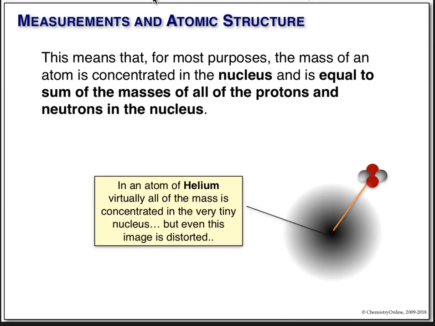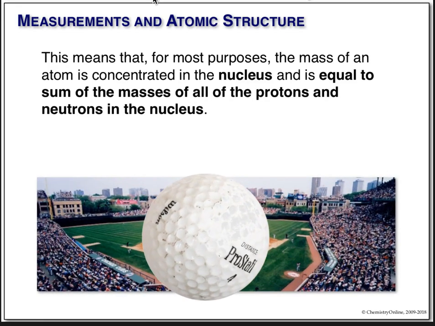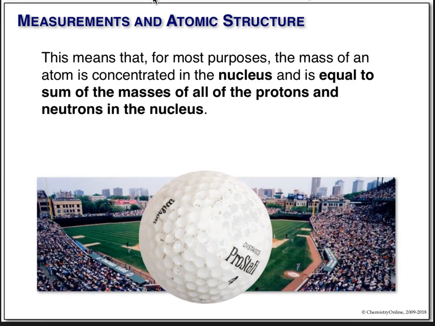This is the drawing that I made. And like I said, the nucleus would be here and it would be less than 1 pixel. But even that doesn't quite tell the story. To make this a little more dramatic, this is Wrigley Field. This is a golf ball.